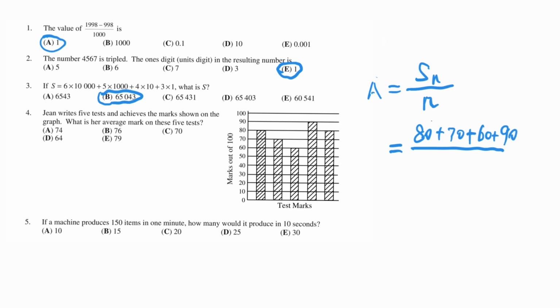And 90, and last, she got 80. Divided by 5. They equal, the numerator will be 380, and the denominator is 5. So the quotient will give us 76. So the answer is, of course, B.